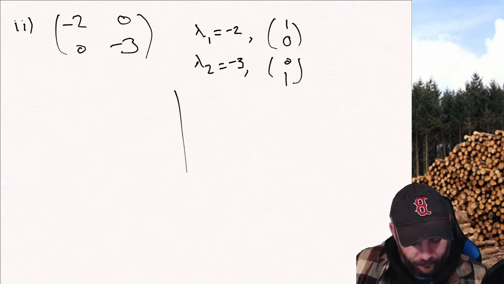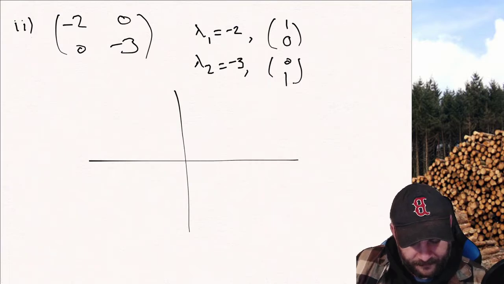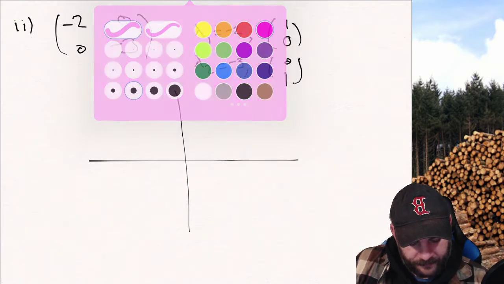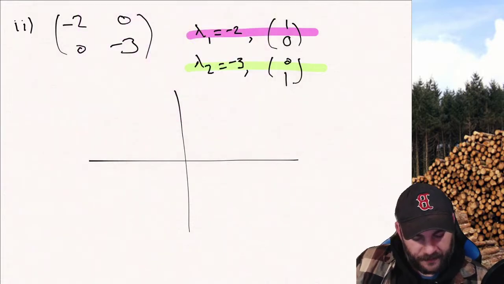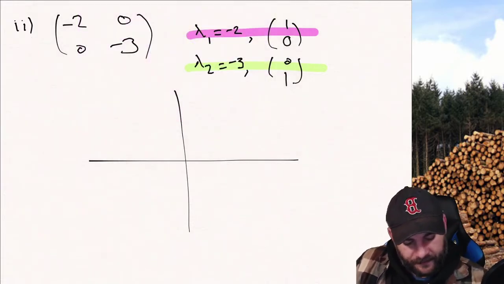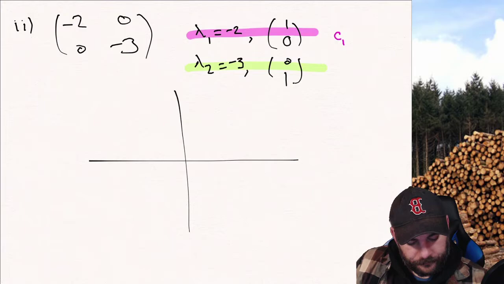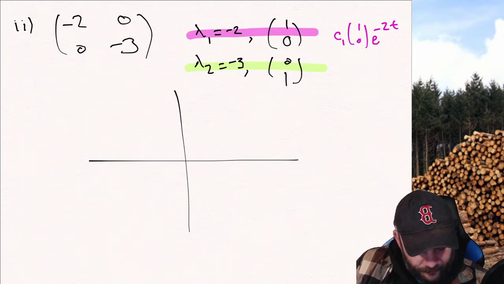So now if I write my x and y axis, let's color these again. I'm just switching colors. That one's pink, and this one's green. All right, so going to the pink. I've got the solution here is C1, 1, 0, e to the minus 2t. So the 1, 0, I draw that.